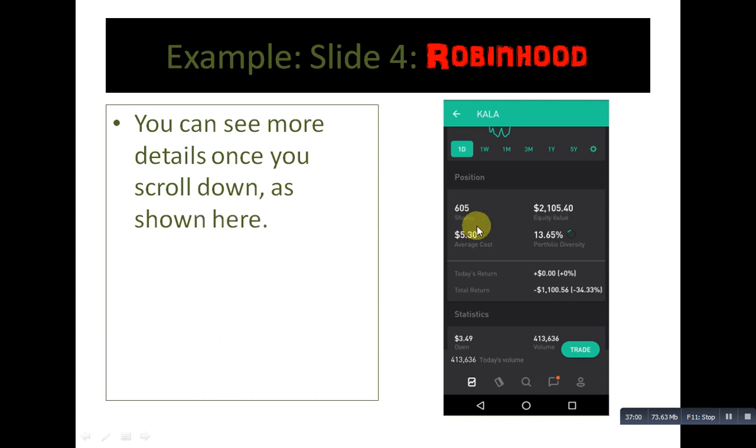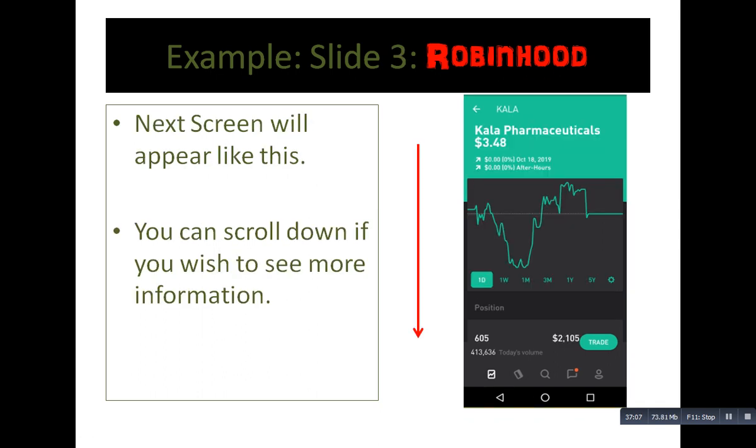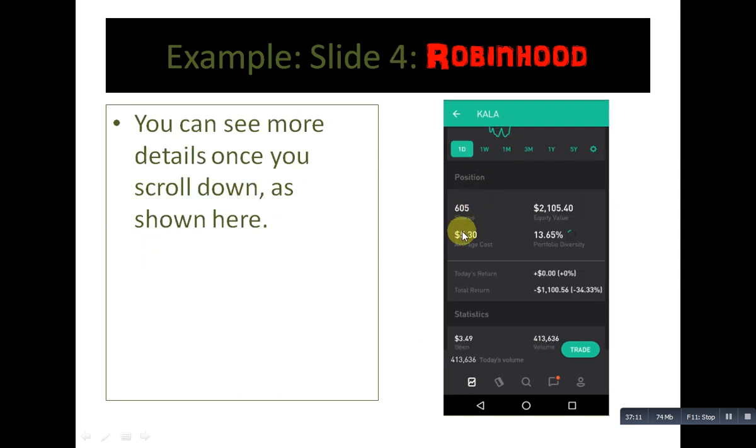Right now I am at a loss, because the market price is around 3.48, but I had bought it at an average price of 5.3. So I'm at a lower price than what I bought at. My total equity value as of market is $2105.40, and that's what it shows.